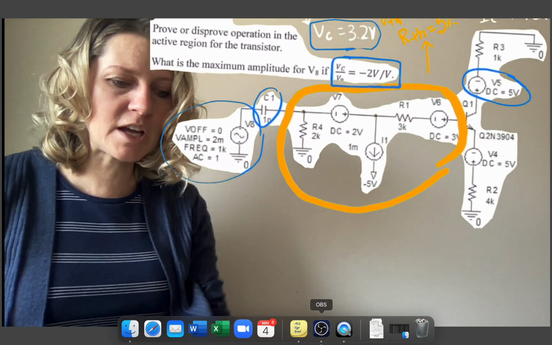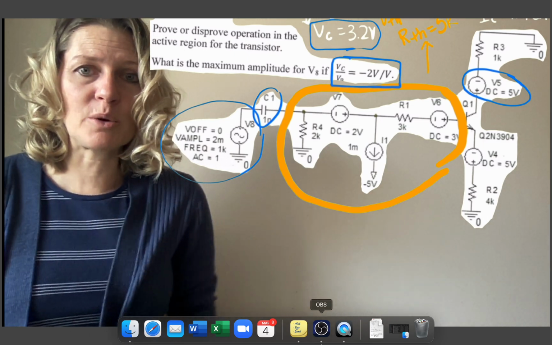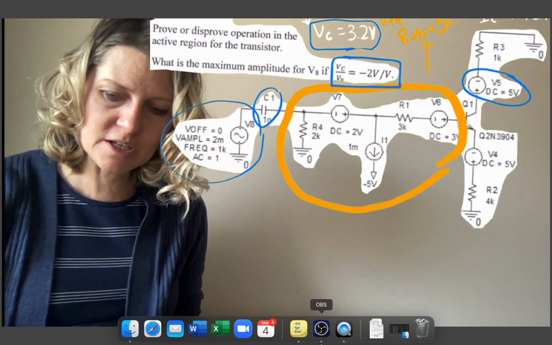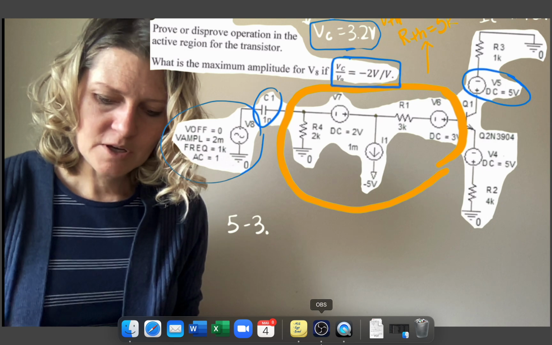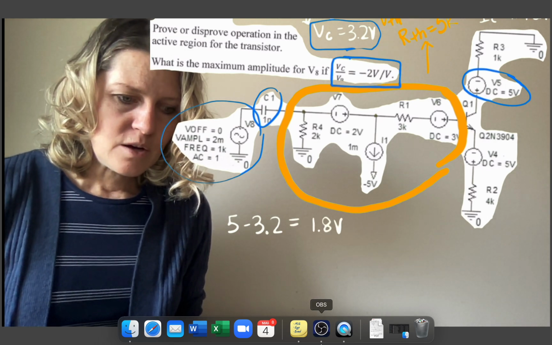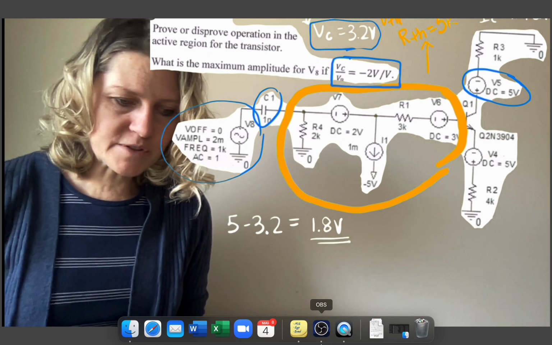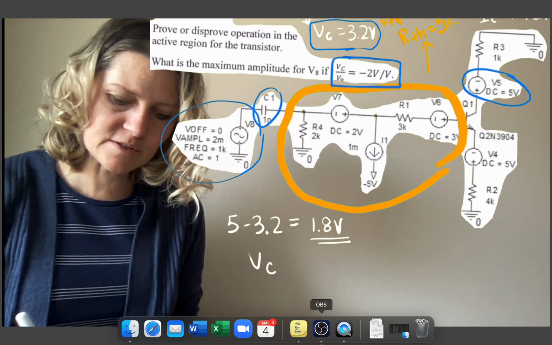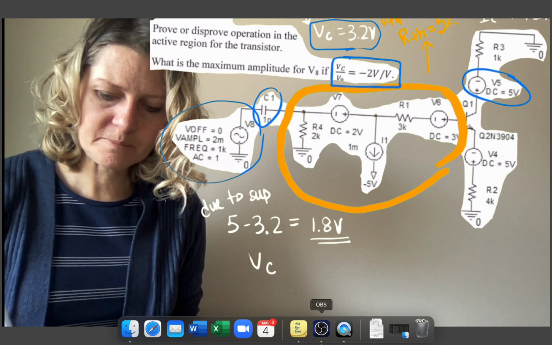So let's first look at the rail voltage of 5 volts. Knowing that it can't go higher than 5 volts, that means that between 5 volts and 3.2, that difference is going to be 1.8 volts. So 1.8 volts there, and this is due to supply voltage.